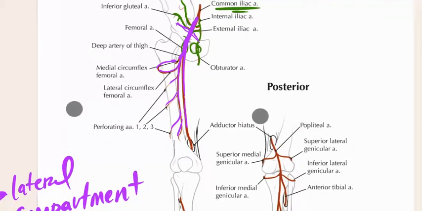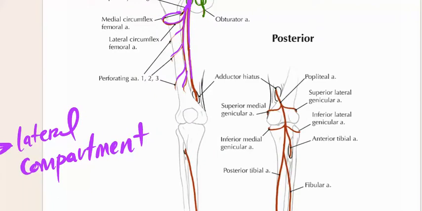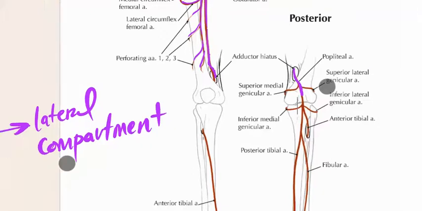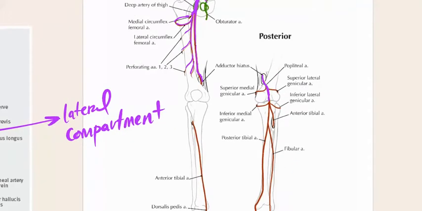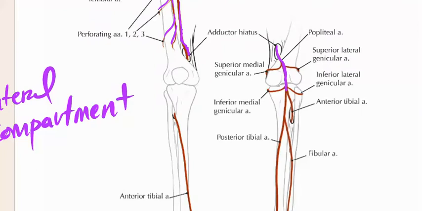Then this superficial femoral artery is going to go through the adductor hiatus, and it comes out as a popliteal artery. So now we're looking at the backside, right? The popliteal artery is going to give rise to your genicular arteries, the superior and inferior genicular arteries.